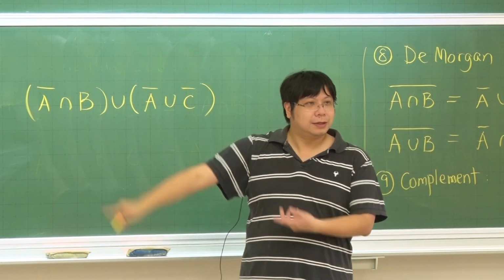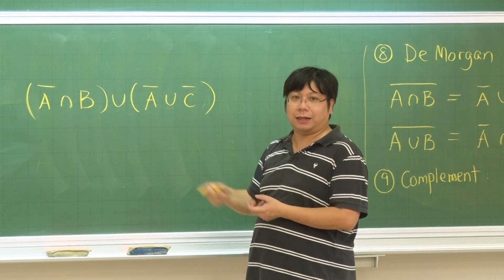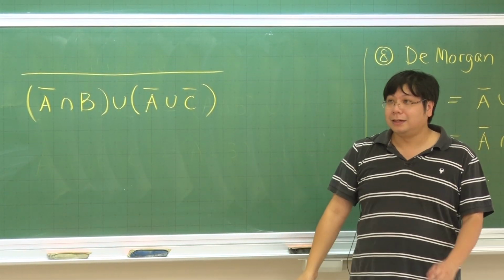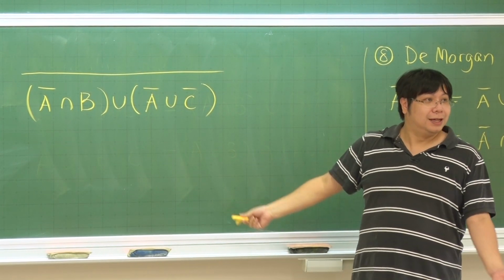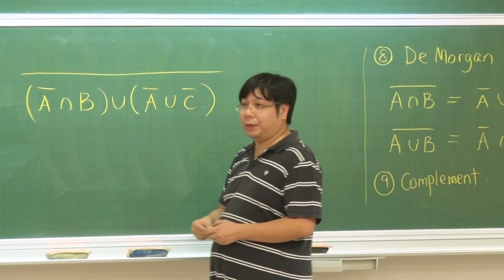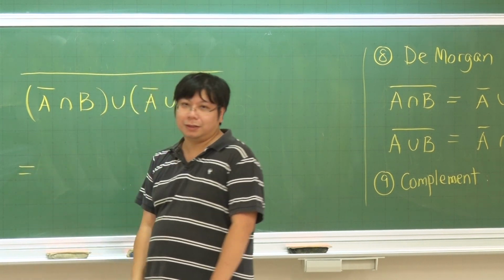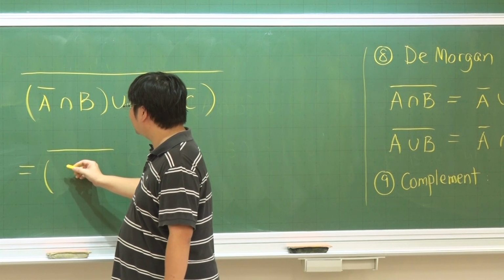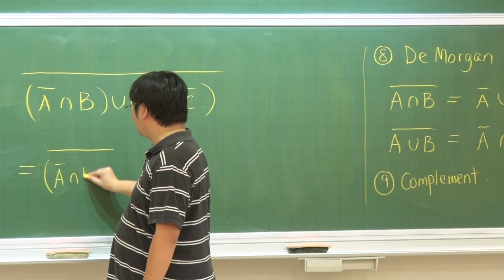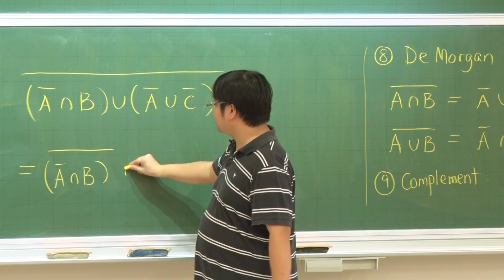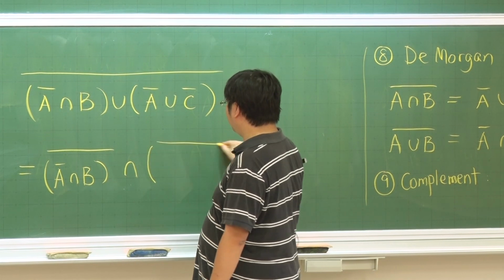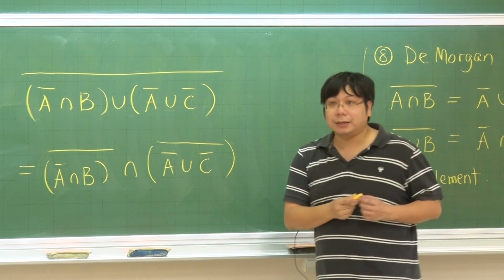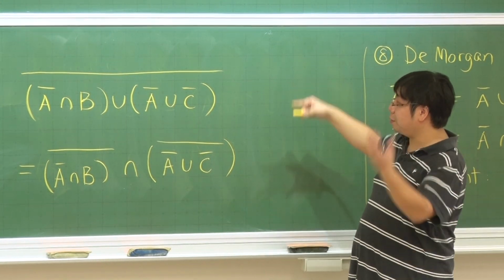So let's say I have a set that looks like this, and I want to negate it. Then what will it be? I want to make the complement of this. So it will be equal to the complement of this A intersect B, union becomes intersect, and this complement becomes A union C. Am I correct?